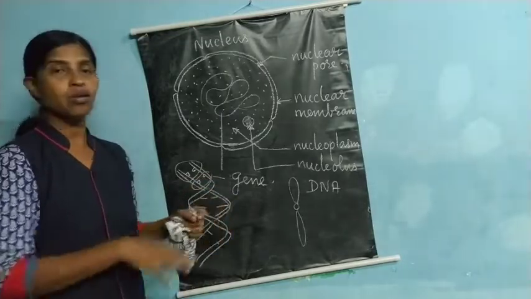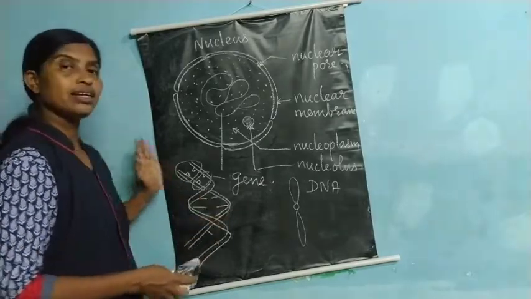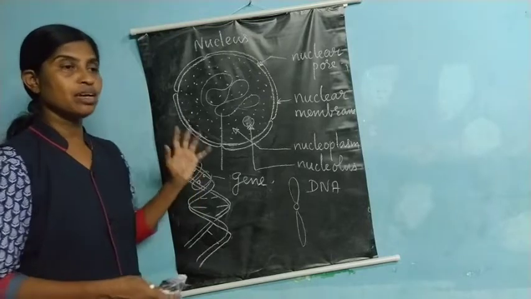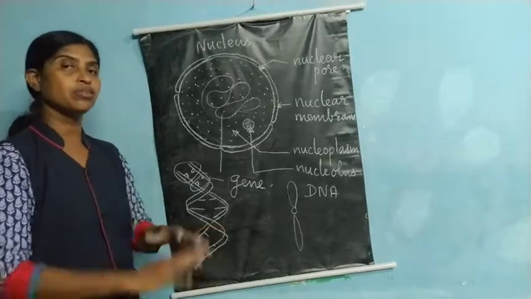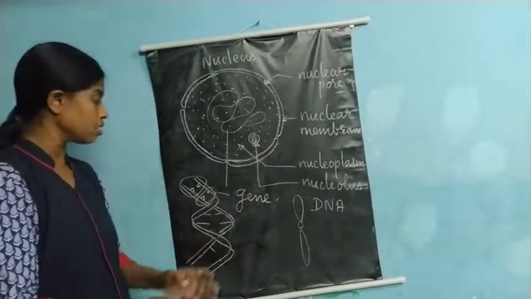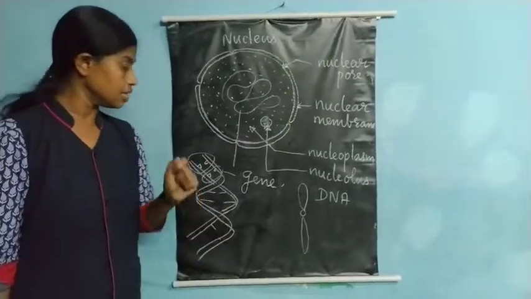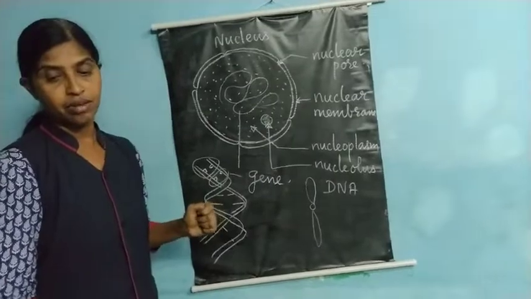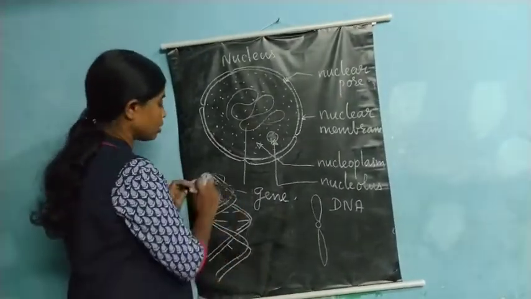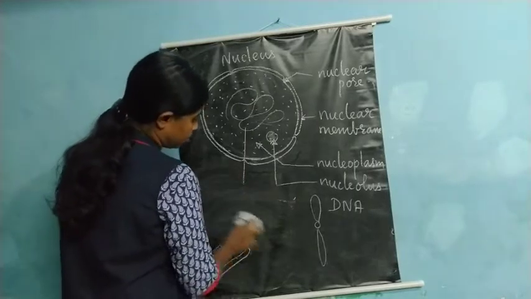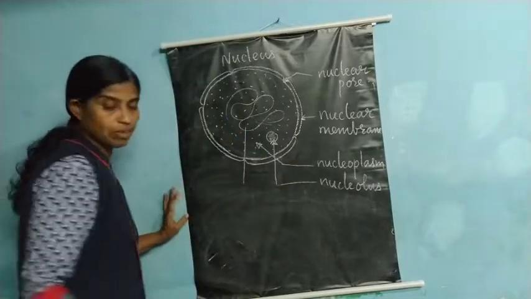All the information to make a body design is imprinted in the DNA, and this DNA gives all the information necessary for the formation of a new organism. So the actual unit of inheritance of characteristics is the gene. Now I hope you have understood the importance of the nucleus. Each part of the nucleus is very important.